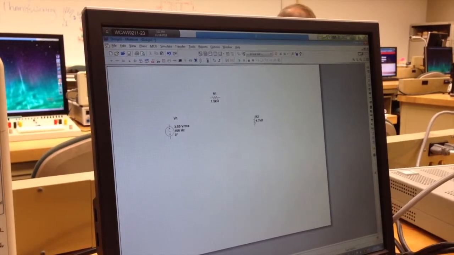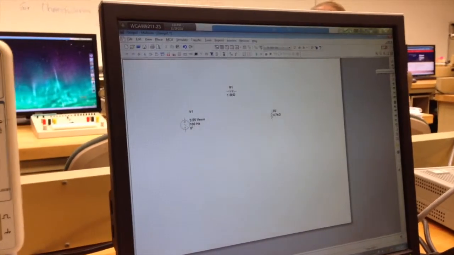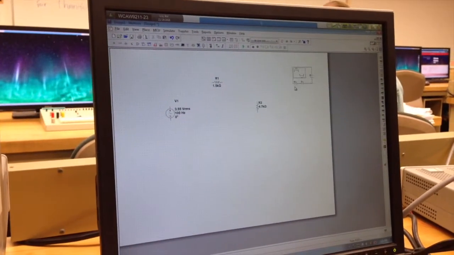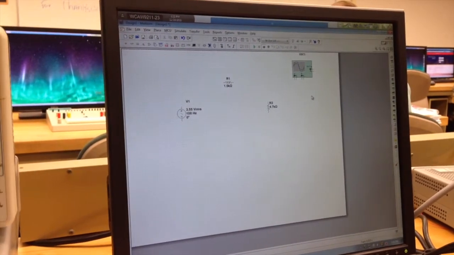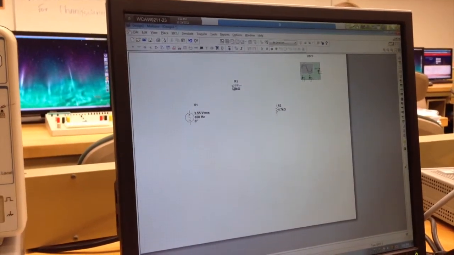Next step is to get our oscilloscope out. Right here. And then connect all the wires.